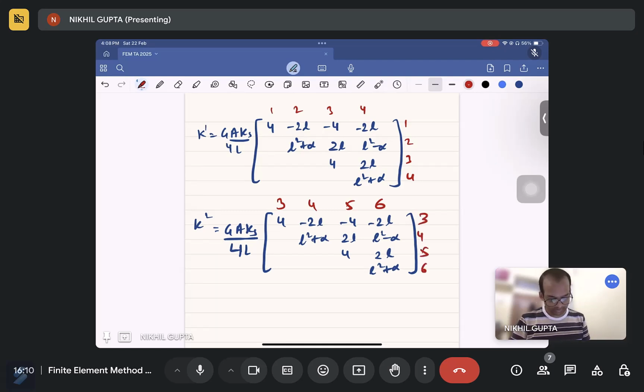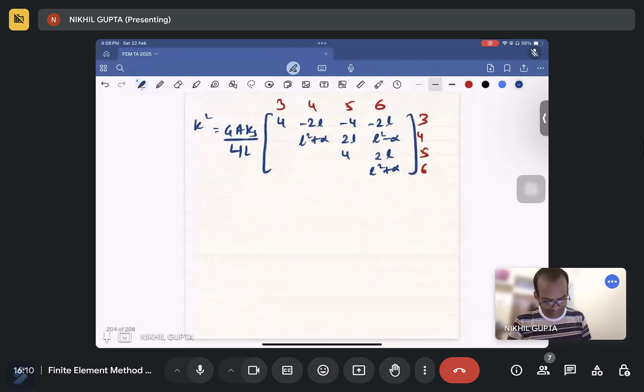After this you have to write the global stiffness matrix.